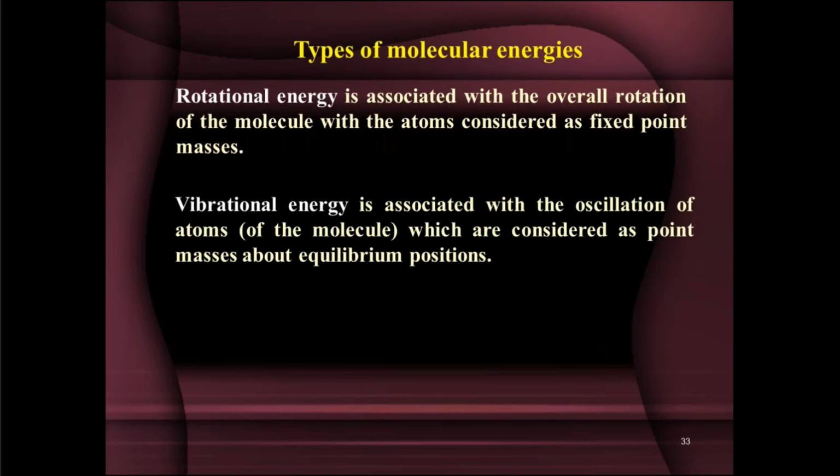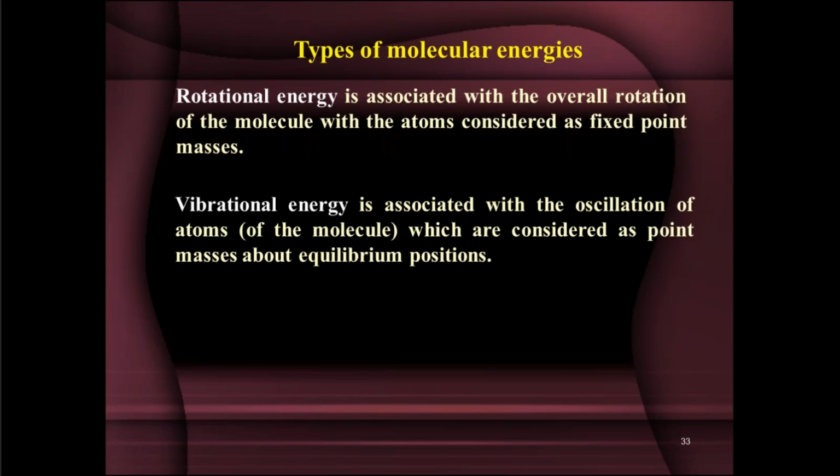Next is vibrational energy. This is associated with the oscillation of atoms of the molecule, which are considered as point masses about equilibrium positions. So now you consider there is a molecule and there are atoms in the molecule. Now these atoms are considered to be point masses. They are not fixed point masses.